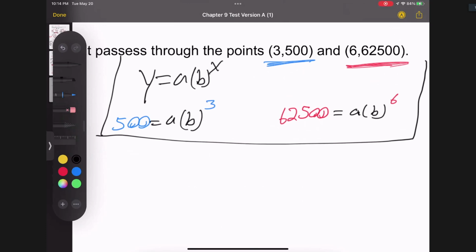Now, this is going to be 500 equals a b to the power 3, and 62,500 equals a b to the power of 6. Again, I always tend to put these parentheses around. My goal is to get a by itself.